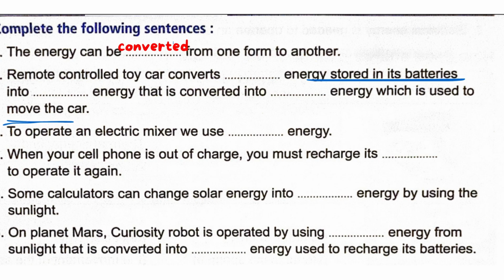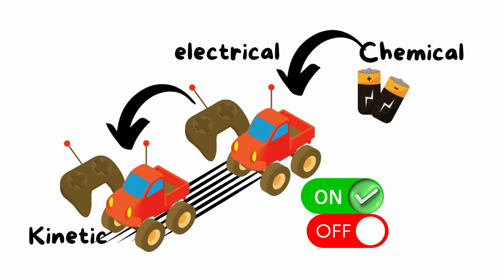Okay, remote controlled toy car converts what energy that is stored in its batteries. Stored in its batteries means directly chemical energy. So the first part, remote controlled toy car converts chemical energy stored in its batteries into what energy?